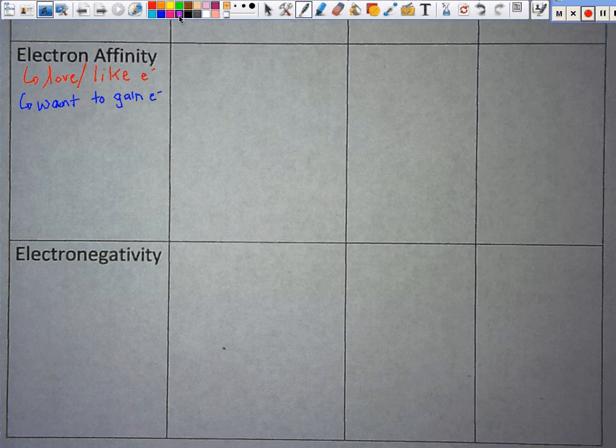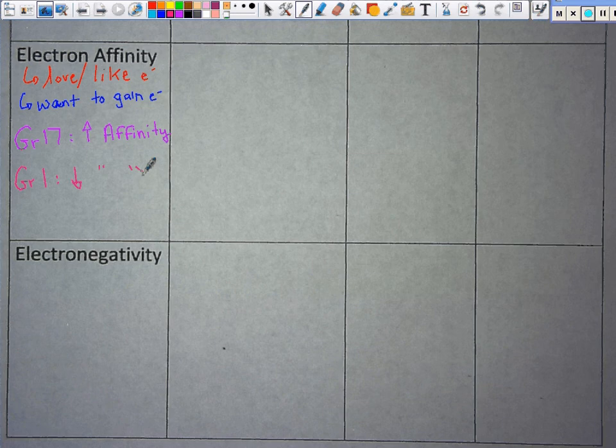What group has the least? Very good. So group 1 has the lowest affinity. And again, how do we know that? Group 1 has how many valence electrons? 1. Is it easier to gain 7 or lose 1? Well, they are screaming to get rid of that sucker. Let it go, I don't need it anymore.